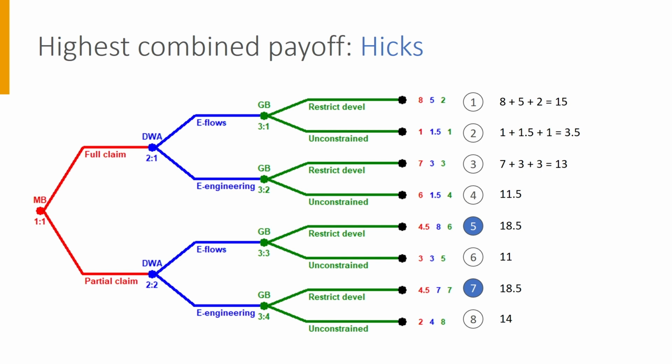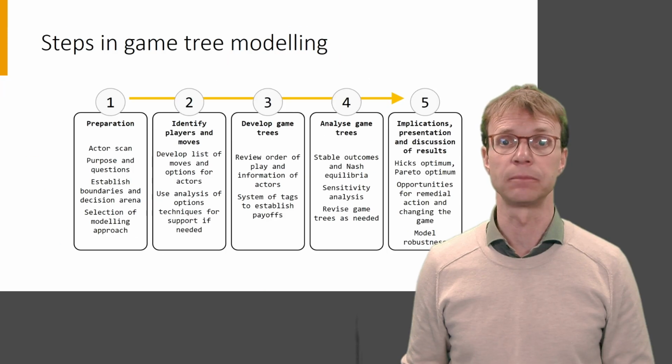It will, however, require that especially the village of Great Bruck, in this case, gives a convincing and trustworthy signal to the city of Mossel Bay that the village will not opt for unconstrained village development and that the village will distribute some of its value to Mossel Bay to convince the city to opt for a partial claim only. The Department of Water Affairs may be able to mediate or enforce such a redistribution.